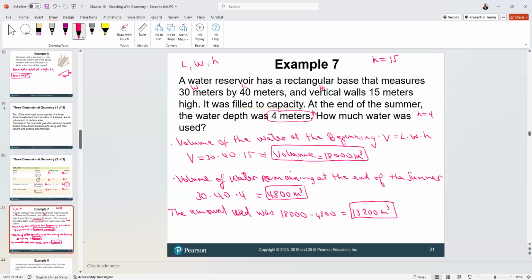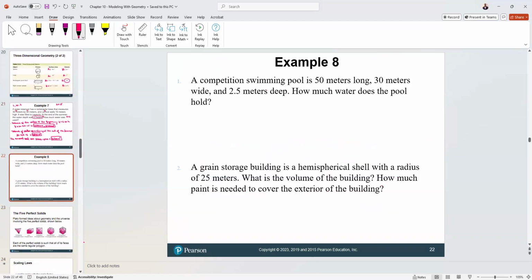Let's see if we have any more examples to cover, because we have a few of these. I'm just going to do one of them and leave you to enjoy the other examples, because it's very important for you also to try some on your own.